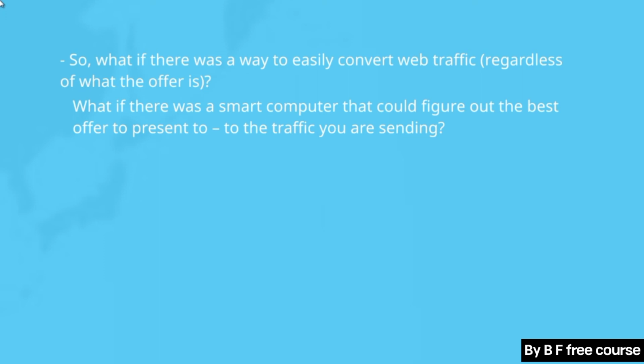So it's basically a smart computer that will figure out what best offer to present to the traffic that you're sending. So the supercomputer will detect, okay, this visitor is coming from this country and maybe this website. Let's show them this offer. So the smart computer or the smart offer for that network might have maybe 100 different offers, and it'll know based on an algorithm which best offer to present.